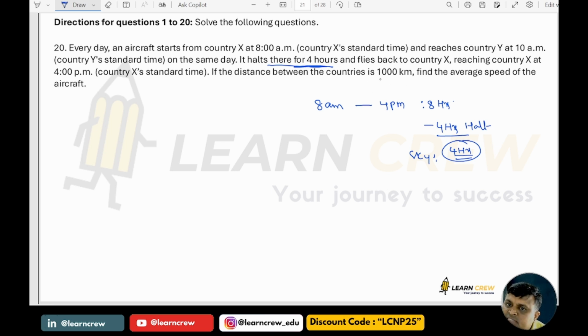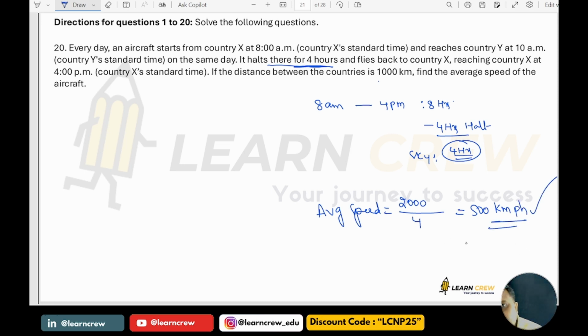In 4 hours, it covered 1000 and 1000, 2000 kilometer. Thereby, the average speed is equal to total distance by total flight time, which is 500 kilometer per hour. So answer is 500 kilometer per hour.